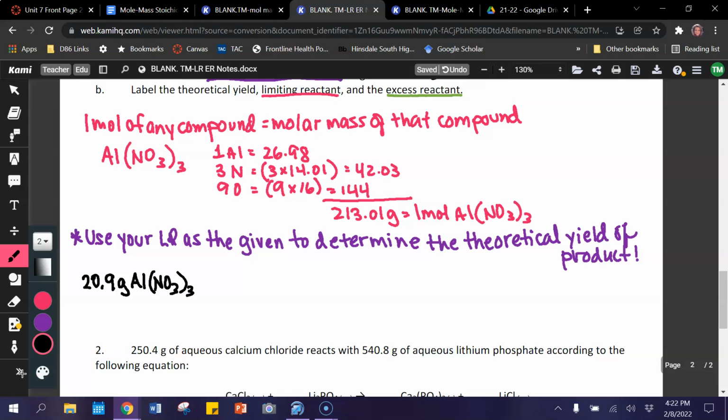And just like with our other stoichiometry problems, if we are moving from grams of one substance to moles of another substance, my very first proportion is going to be the equation that 1 mole is equal to the molar mass of my compound. So I'm going to write 1 mole of aluminum nitrate on top, and I'm going to write the molar mass of aluminum nitrate, which we already figured out, on the bottom.